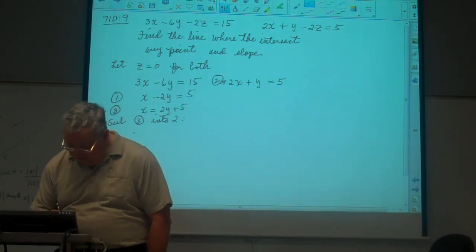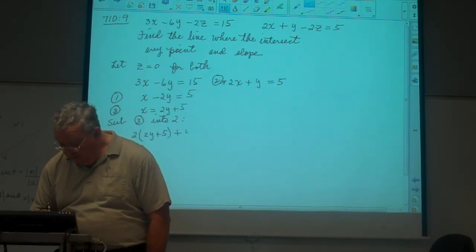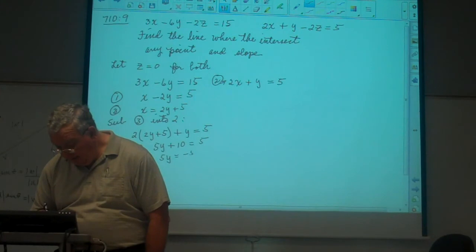So I have 2 times 2y plus 5 plus y equals 5, or that's 4y plus 10 plus y, 5y plus 10 is equal to 5. 5y is equal to minus 5. y is equal to minus 1.